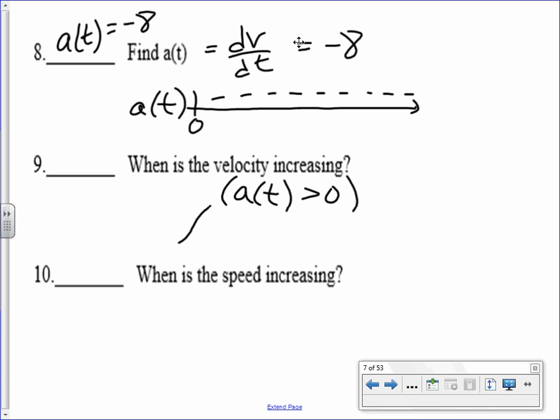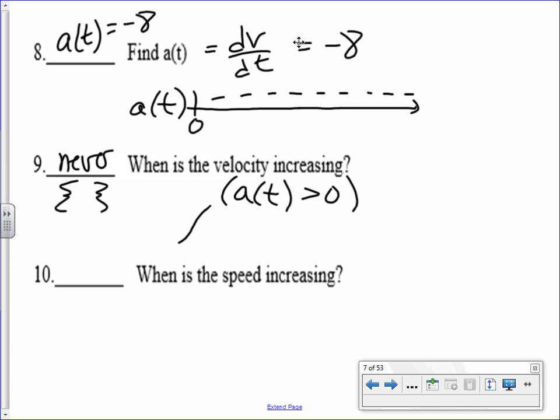It's never positive. So you could write never, or you can write an empty set. There are no values. If they said, when is velocity decreasing, that would be always. I could say from 0 to infinity, because it's always decreasing because its derivative is always negative.